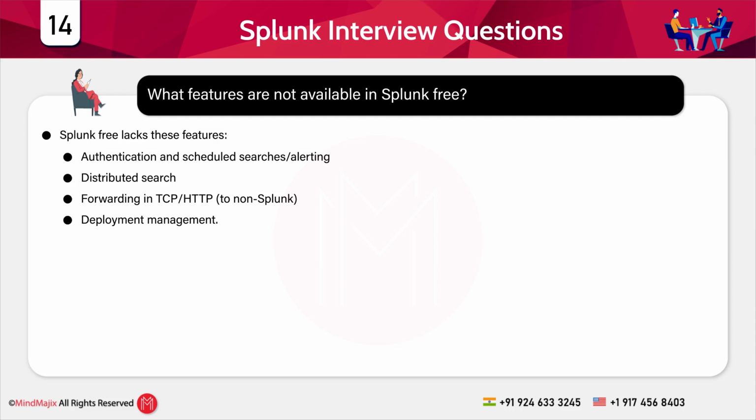There are a few features which are missing in the free license of Splunk, such as authentication and scheduled searches or alerting. Then distributed searches and forwarding in the TCP or HTTP to a non-Splunk based system. And you also do not get deployment management with the free license of Splunk.